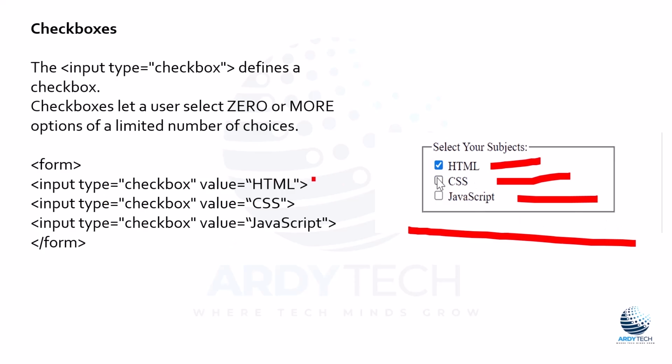They are all input fields. For example, this is the input field, but the type here is checkbox, and here the value is HTML. This HTML value you're seeing is the output that will be displayed for the user, and here the value is CSS. This is the output for the CSS value. The value here is JavaScript. There is the output for this value. So for the checkboxes, the user has the possibility to select more than one item.